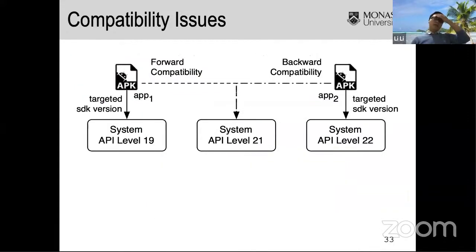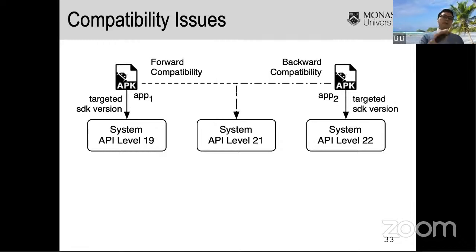And more specifically, in this work, we have identified two types of compatibility issues. One is called forward compatibility. Another one is called backward compatibility. Let me use this very concrete example to explain why the distinction is introduced here. This example includes two apps, App 1 and App 2.